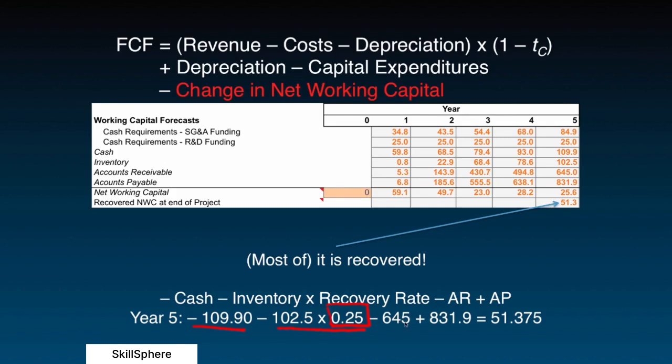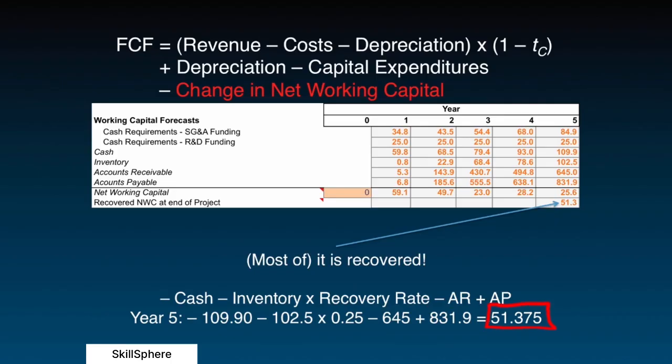We're going to have to pay our accounts payable, and we're going to have to collect our accounts receivable. The upshot of this is we're going to recover $51.375 million in net working capital at the end of the project.